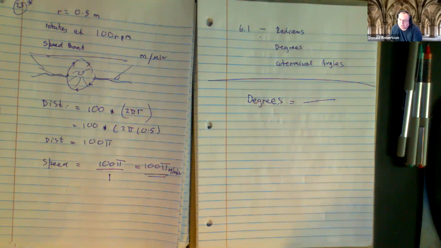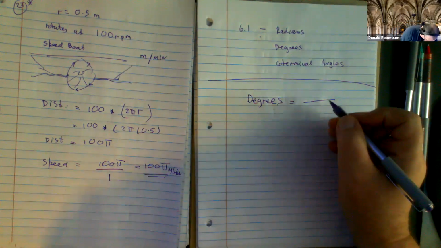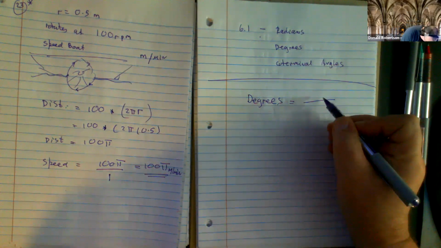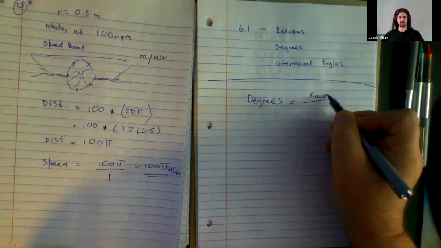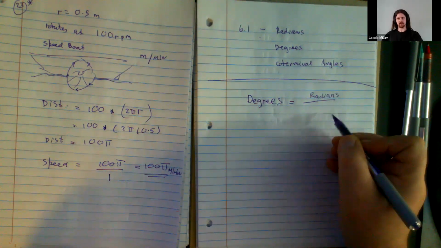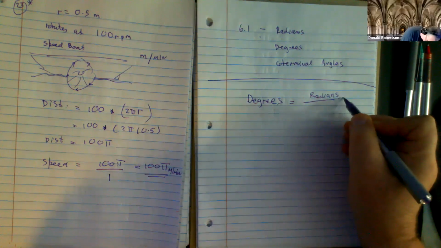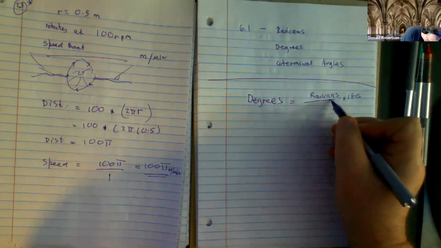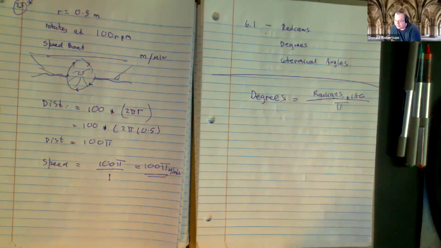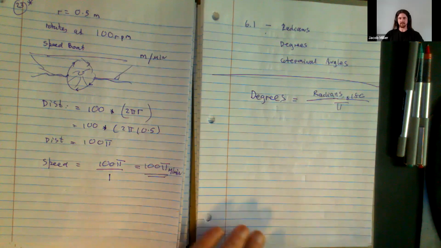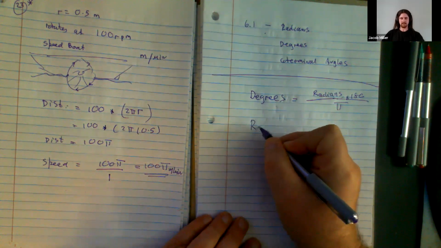What's the formula? 180 times the radians divided by pi. Okay, that works. You happy with that? Okay. What about the other one?